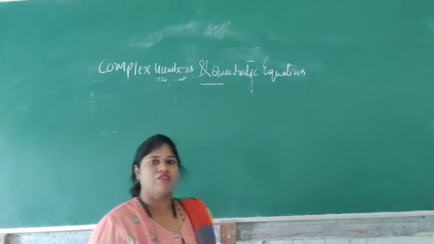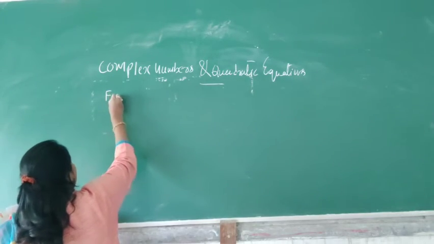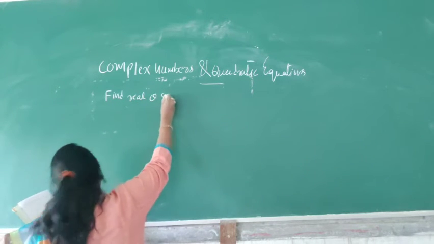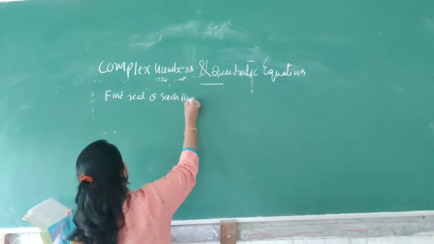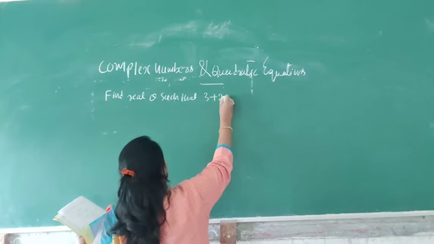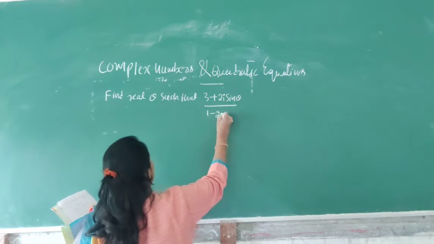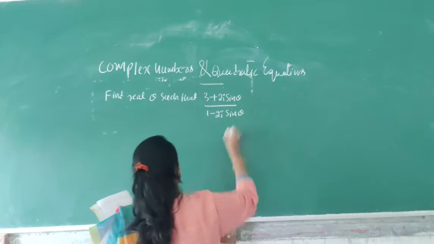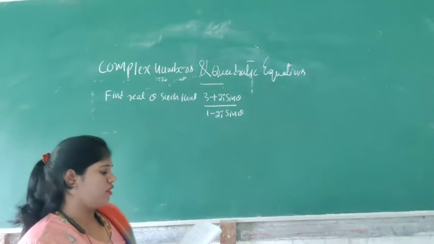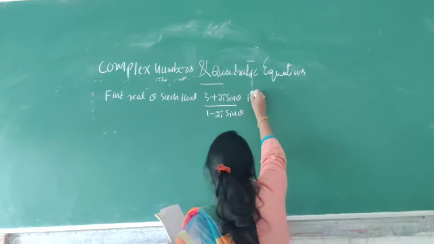Next one. Find real theta such that 3 plus 2i sin theta divided by 1 minus 2i sin theta is purely real.